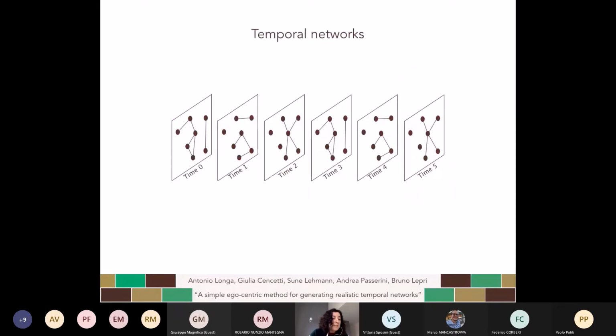So for simplicity, in temporal networks, we consider time as discrete, and so at each time step, we have a different static network, and the ordered set of all these steps makes our temporal network.